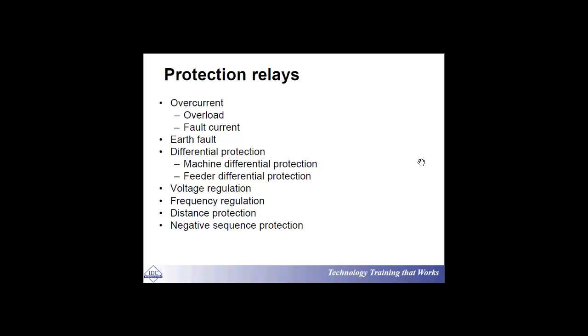Well, in terms of function, they may have a number of different functions like overcurrent, earth fault, differential, voltage relay, frequency relay, distance relay, many different things. You know these concepts. They can be used for the protection of a feeder, for the protection of a machine like a generator or a motor, for the protection of a transformer, a transmission line, a distribution feeder.